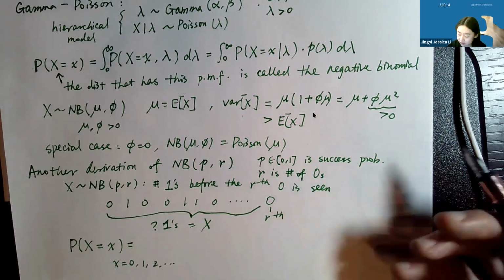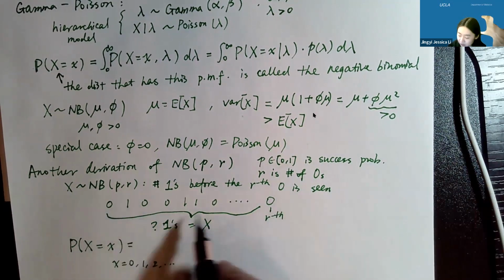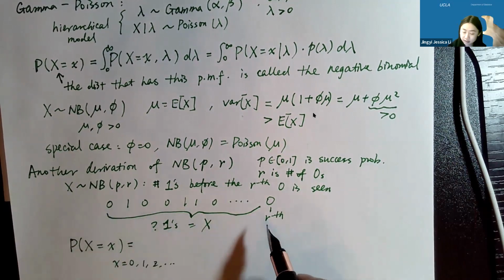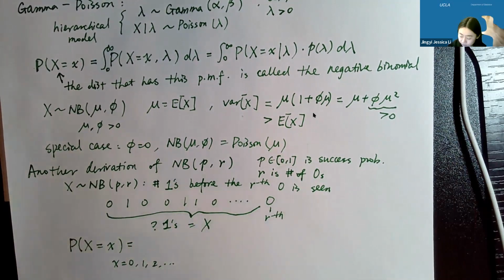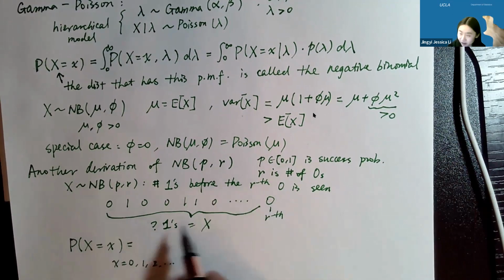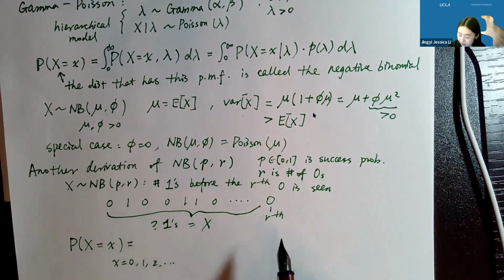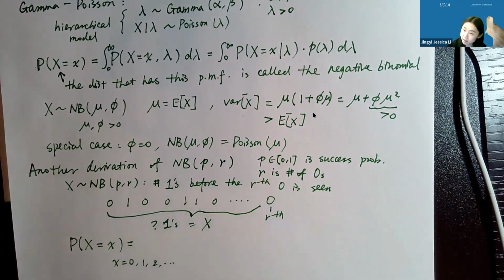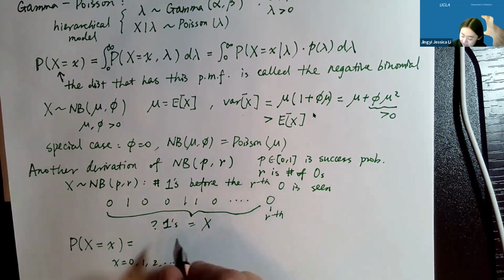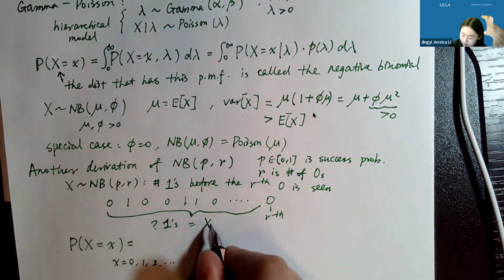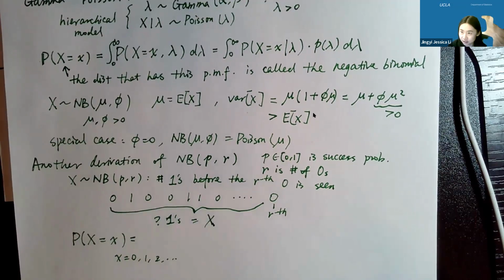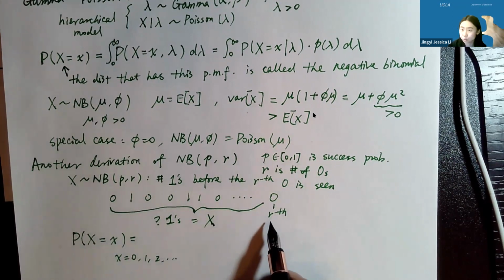What's unknown are the tosses before it. And how many of each did we get before the last zero? We know that the number of ones is our X by definition. And the number of zeros also by definition is R minus 1.